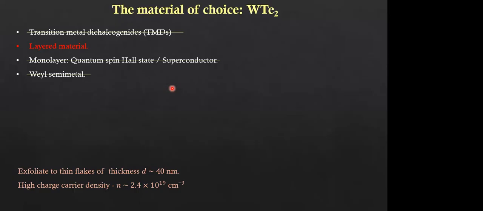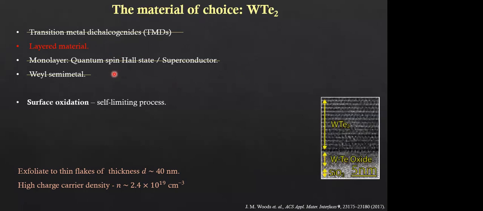Other than that, we don't have much use of these other properties. Tungsten ditelluride also has a very interesting property that its surface oxidizes very fast. But the surface oxidation is a self-limiting process, and the oxidation generally stops within less than 5 nanometer thickness.